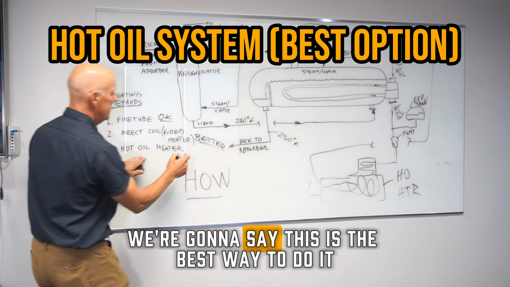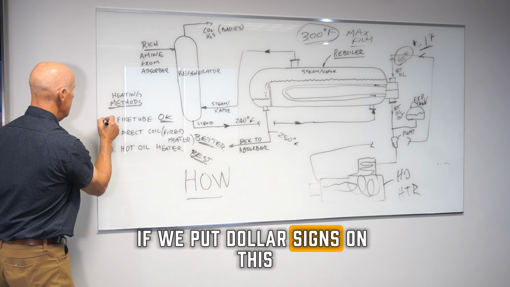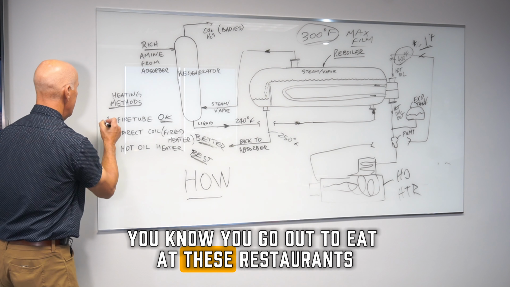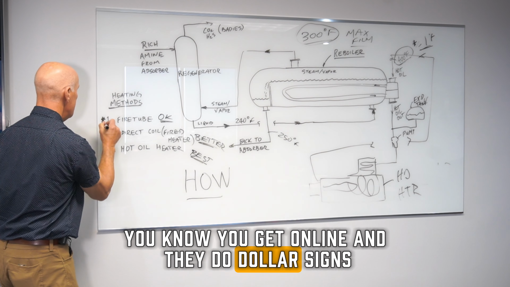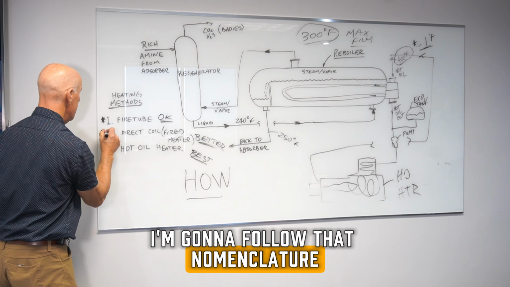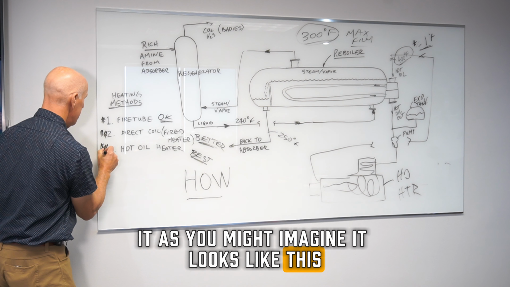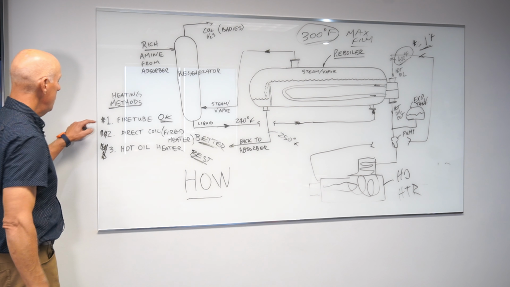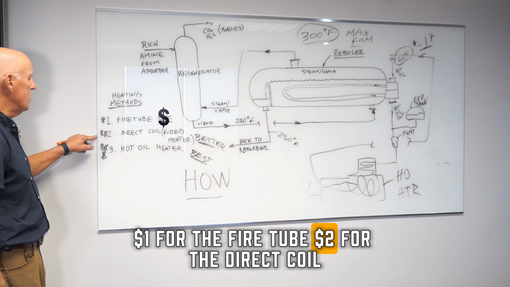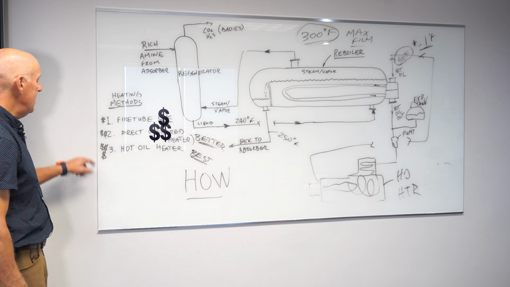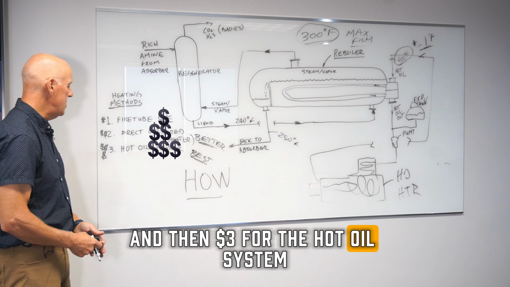You guys are really smart. You already know this, but I'm going to say this anyway. If we put dollar signs on this, you know, you go out to eat at these restaurants, you get online and they do dollar signs. I'm going to follow that nomenclature. As you might imagine, it looks like this. $1 for the fire tube, $2 for the direct coil, and then $3 for the hot oil system.